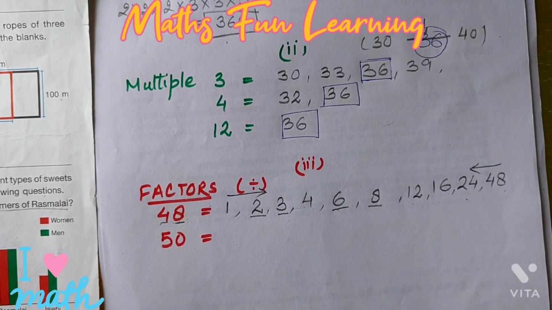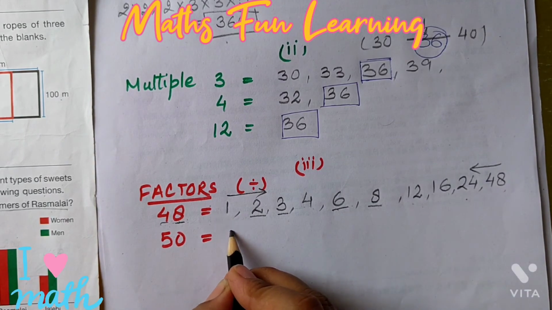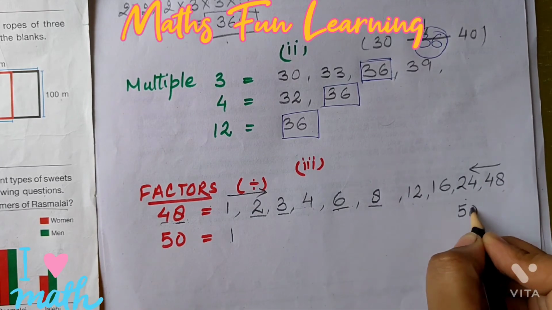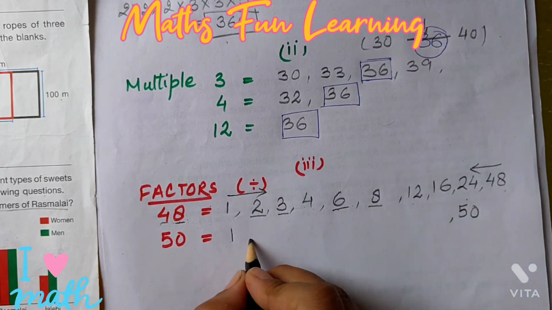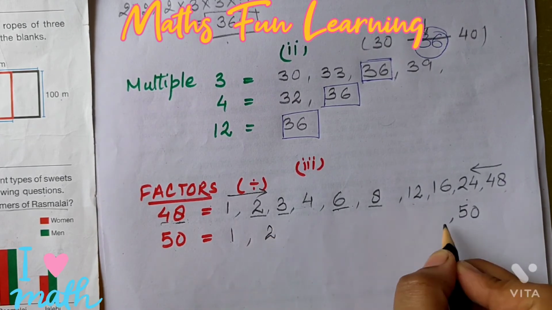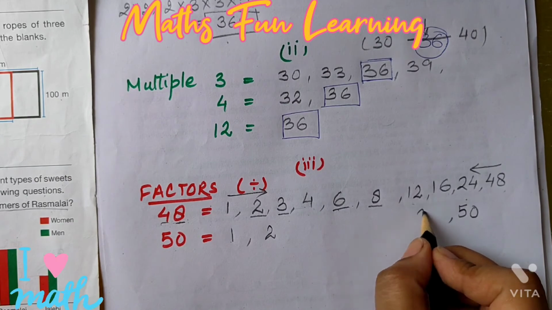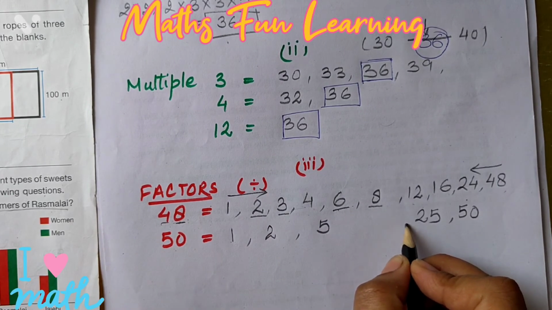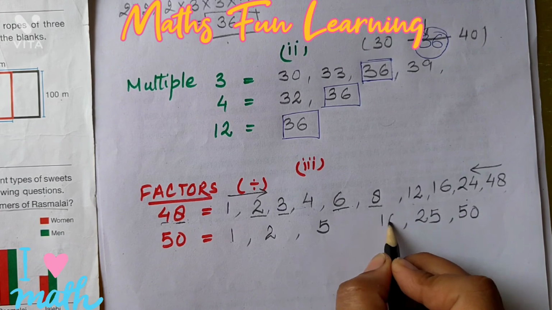Understood? Now let's divide 50 as well. 1: if you divide 50 by 1, 50 is your quotient. 2: yes, because it is an even number, you can divide it by 2. So what is the quotient? 25. Now 3, no. 4, no. 5: yes, if you divide by 5, what is your answer? You will get 10.